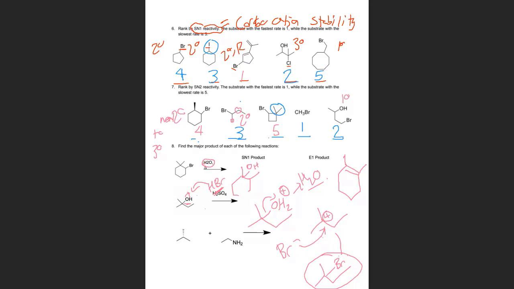So now for our last one, I think there should be a bromine right there. But what we're going to do is, let me erase some of this. So we have a nucleophile and we have a bromine with some stereochemistry on it.